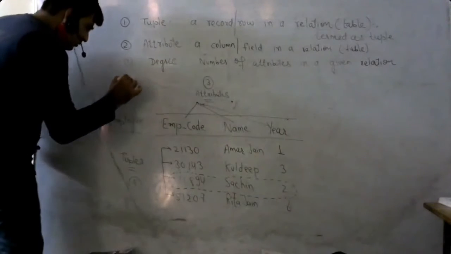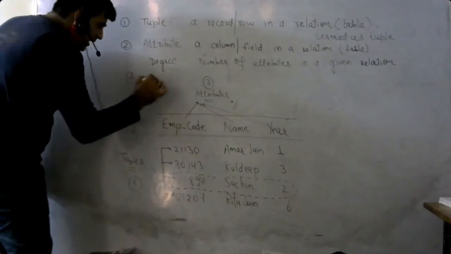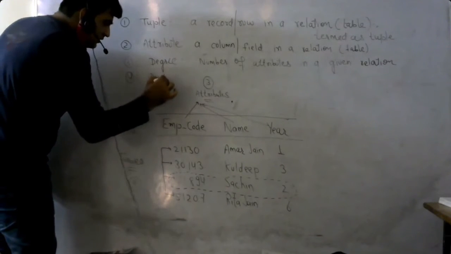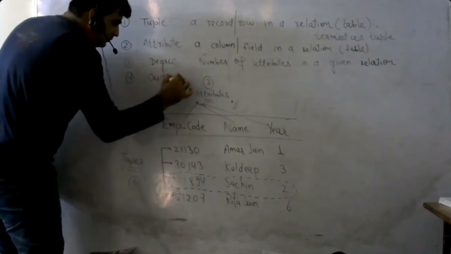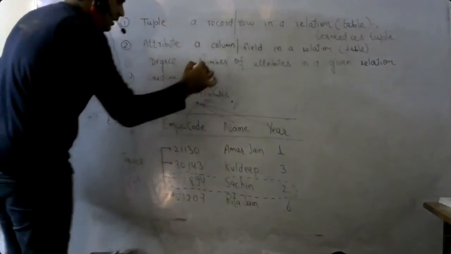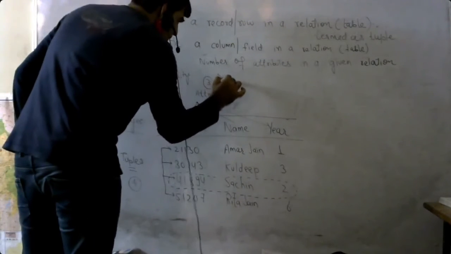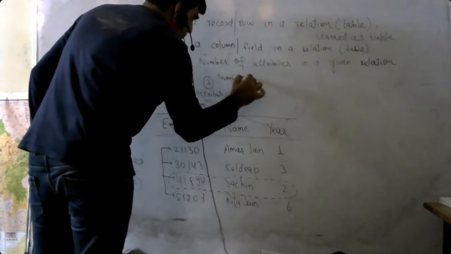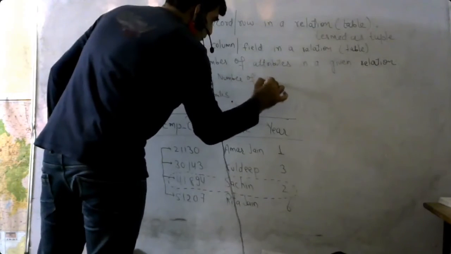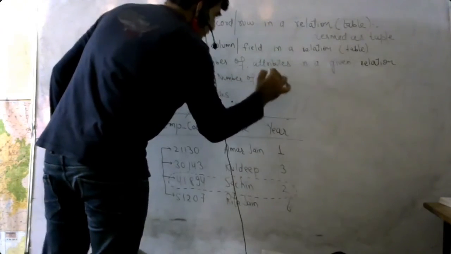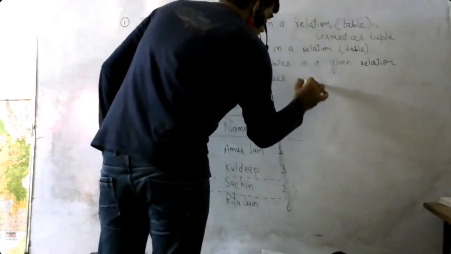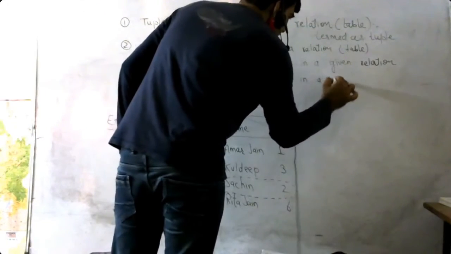And the last point is cardinality, which we have discussed: the number of tuples in a given relation.